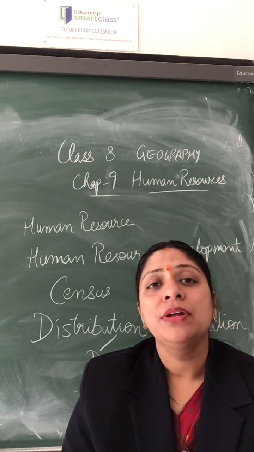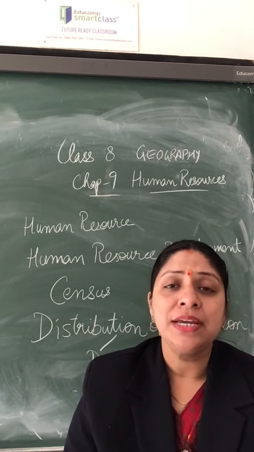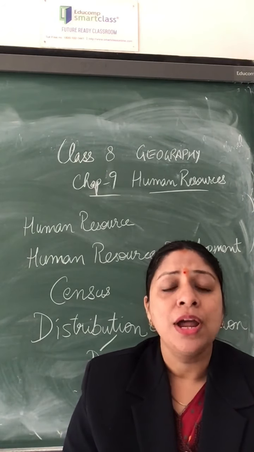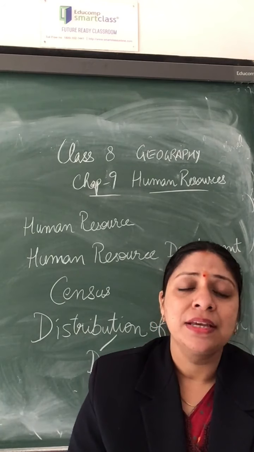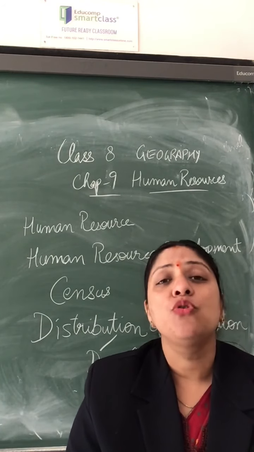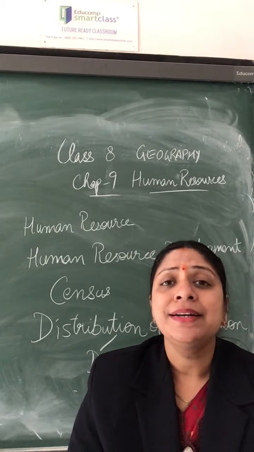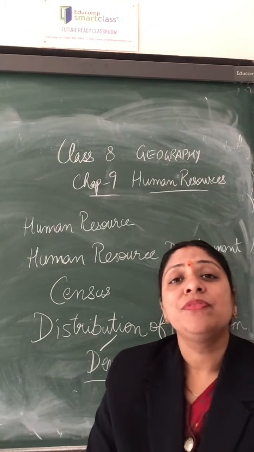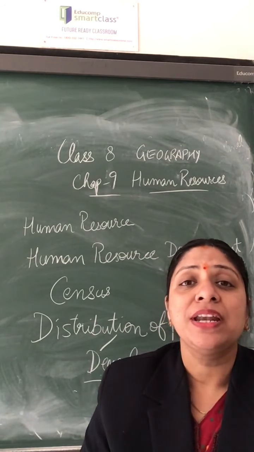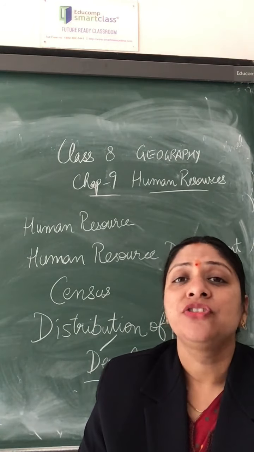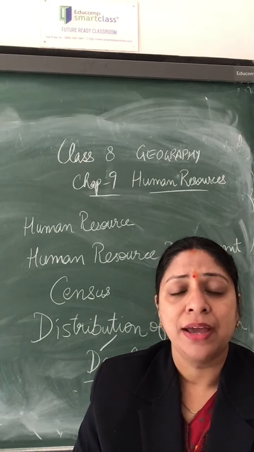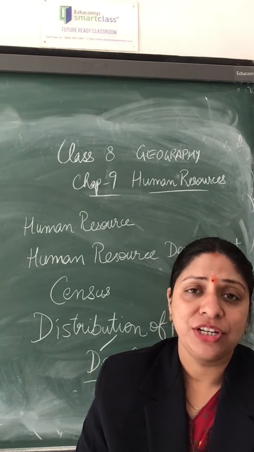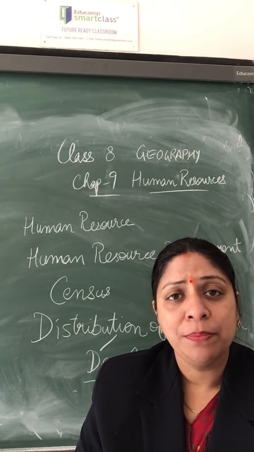If you talk about the hilly areas, obviously it is a little difficult to reach the resources, and therefore mainly the plains, the river basins and the coastal areas are considered densely populated areas, whereas the hills, where it is very difficult to even make the transport system work, and also the desert areas, where there is a lack of vegetation and water is also a big problem.